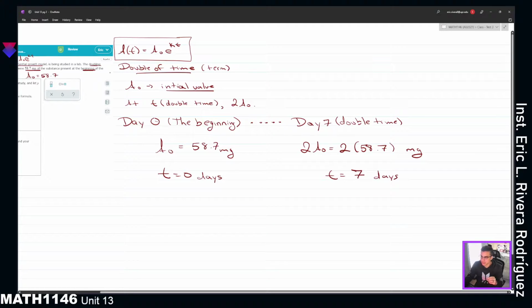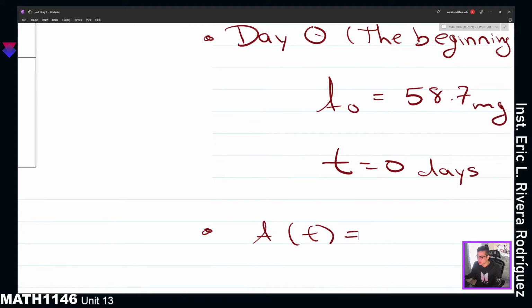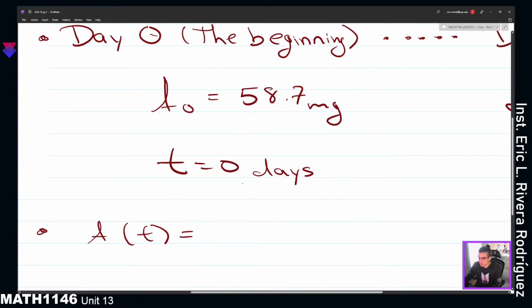From that information, the formula for this problem is the following: A of t equals the initial amount, which is 58.7, times e raised to the power of k times t. Okay.